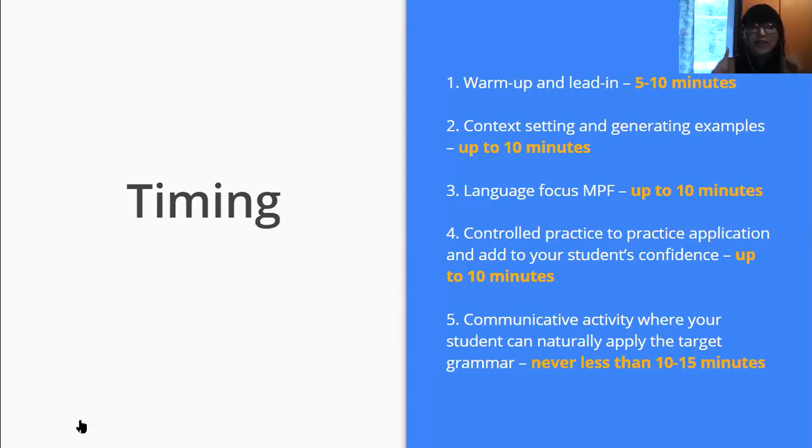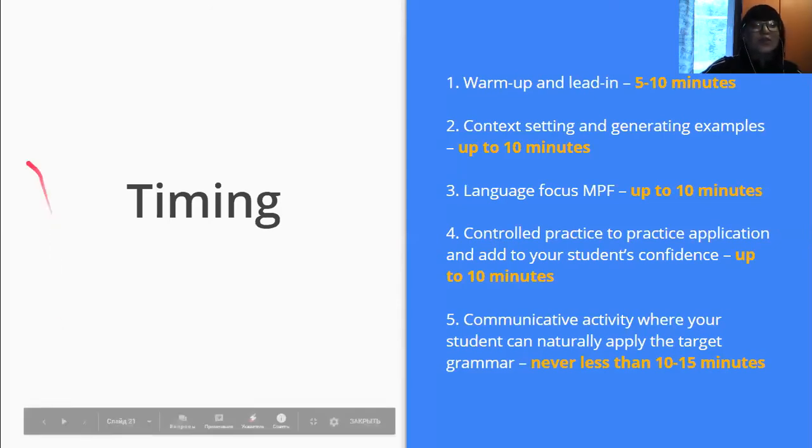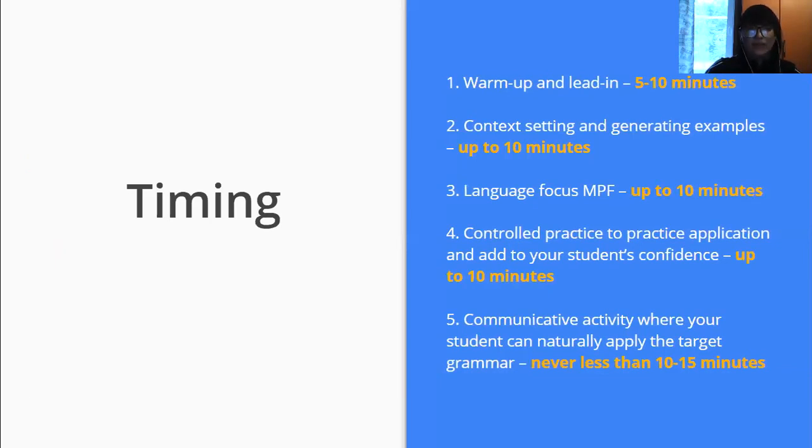But as for the last stage, called communicative activity, you would have to spend at least 10, it's better 15 minutes, because again, we are following the communicative approach. Our main aim is to help our students speak fluently, and instead of going through controlled practice activity, you might just reduce time there and focus on communicative activities.